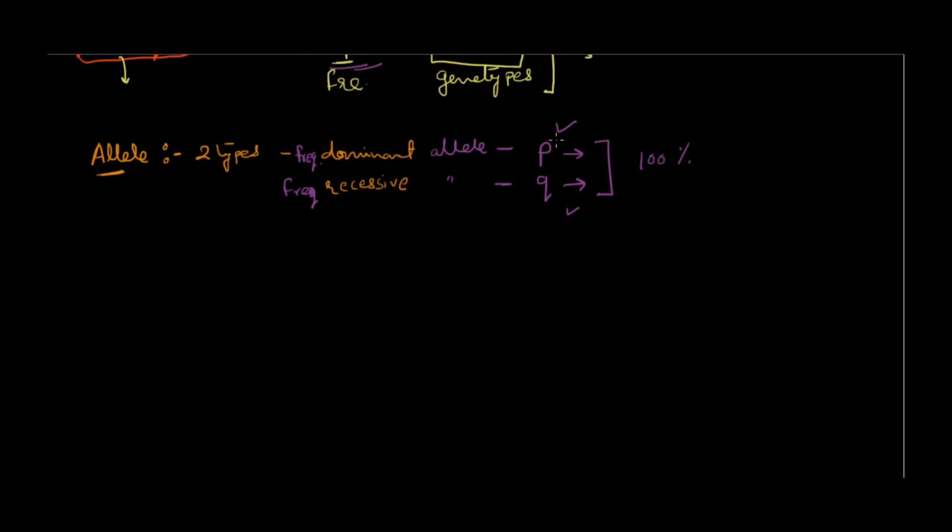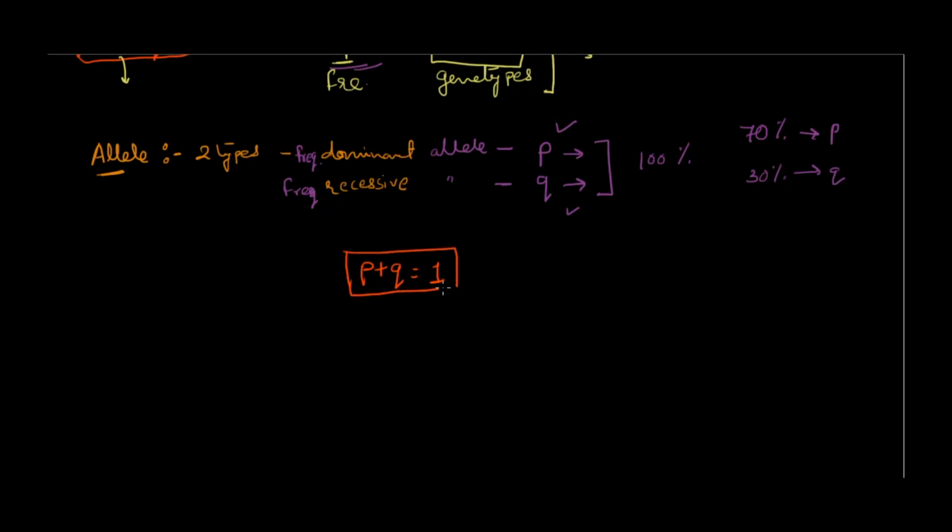What I mean is, for example, if I have 70%, that means 70 people in a population who are carrying the dominant allele p, then the rest, 30, would be q, of course, because as I said there's only p or q present in the population, so it has to be one or the other. So that means p plus q makes my 100% of population. So always p plus q equals 1.